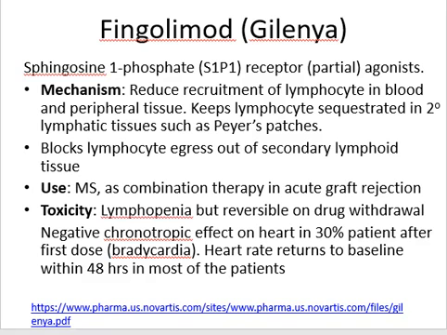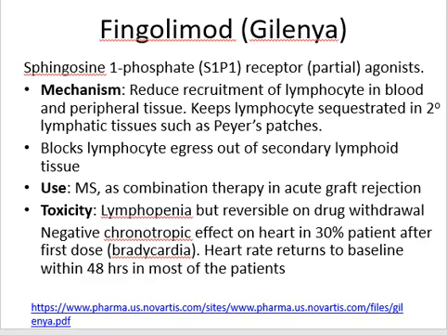This one has a lot of utility in MS. And what it does is it basically sequesters immune cells, lymphocytes in particular, to the secondary lymphatic tissue, and it blocks their movement out of it. So you can see it as part of adjuvant therapy in graft versus host disease. It's clinically approved for MS. In terms of toxicities, there's really few, aside from having dramatic reduction in leukocytes and lymphocytes.